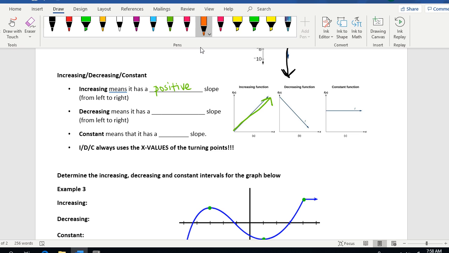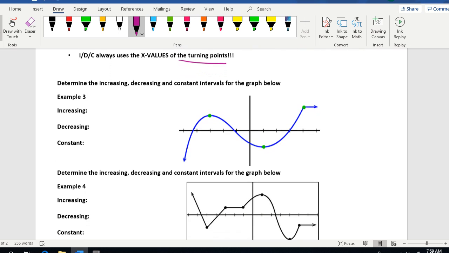If I'm reading left to right and my function is going down, that means I have a negative slope. And last, if it's kind of flatlining, that's constant, and it means I'm going to have a slope of 0. We are going to identify these intervals of increase and decrease based around my turning points. So let's go try our first example.